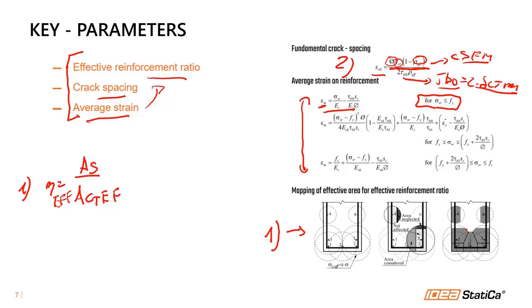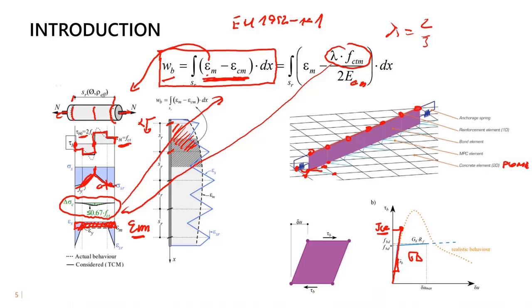If you take Matlab or Python, whatever, and fill out all the values with the correct conditions, you will receive the epsilon m. So this is the average strain on the rebars that comes from the stress in between the cracks minus the bond in between the cracks, based on the thresholds. So there are just the thresholds that you can observe.